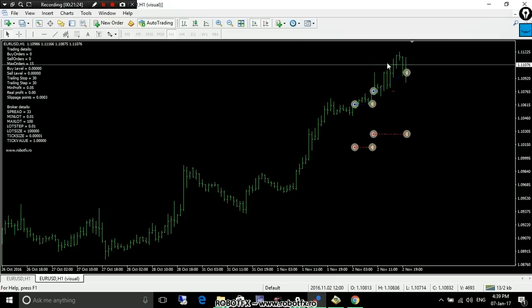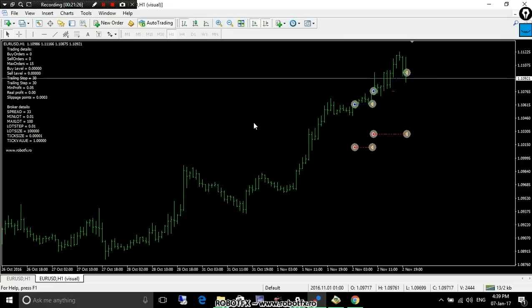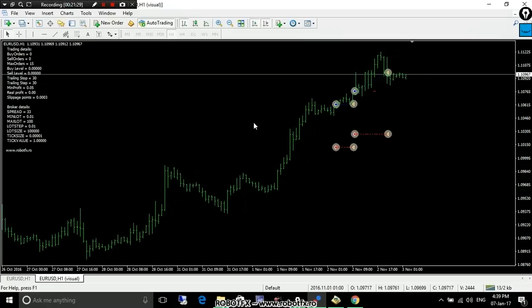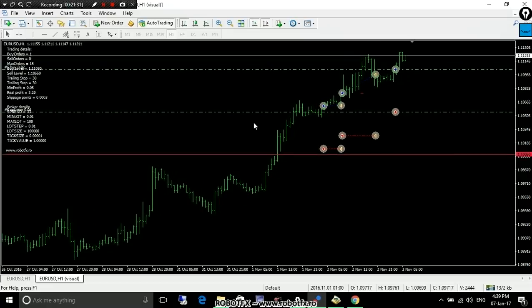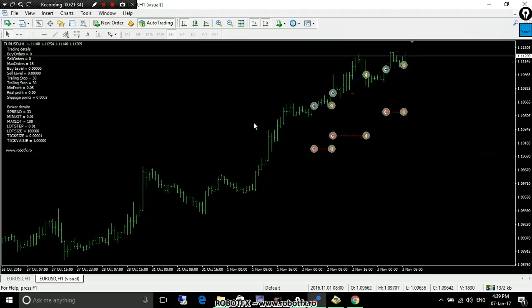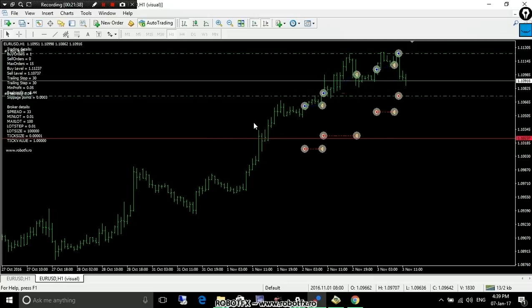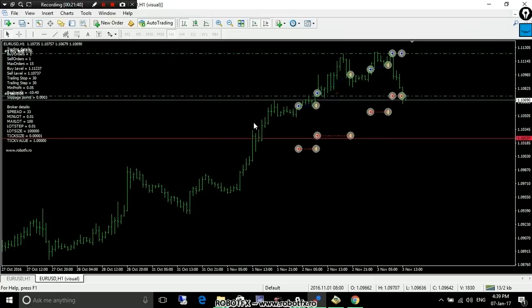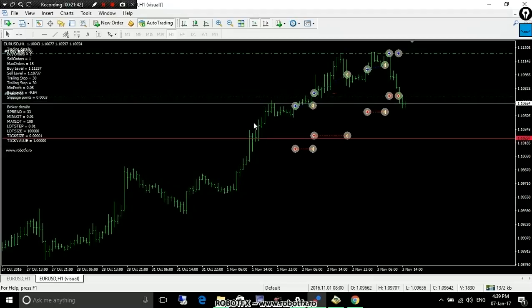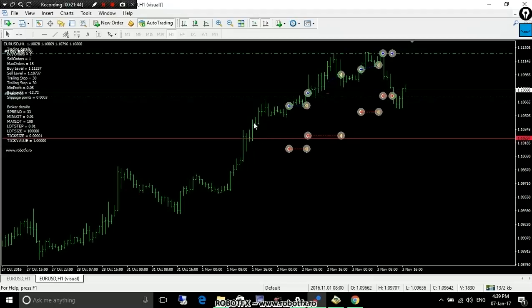We can see that the price fell down a little. Another trade closed in profit, which is good. It didn't reverse to hit the pending order, and another one. So this is trading without the stop loss that everyone is afraid of.